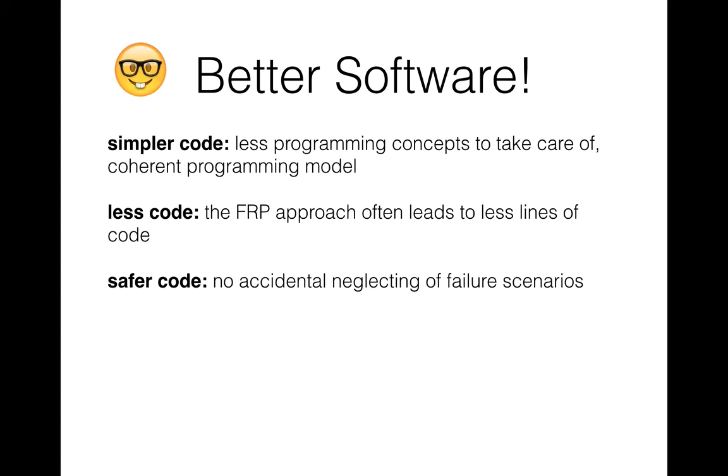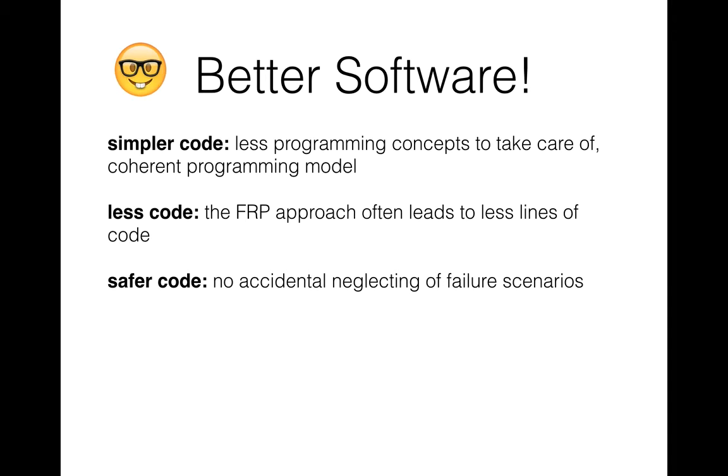And then, as I mentioned just in the beginning, it also leads to safer code. So we are actually going to write fewer bugs when we are using FRP, and that's because we cannot accidentally neglect any failure scenarios. The most common source of errors when we are building apps with the MVC architecture is that we, as developers, are lazy and we don't care about the case inside our application when things go wrong, when a network request fails with some kind of problem that we don't expect.